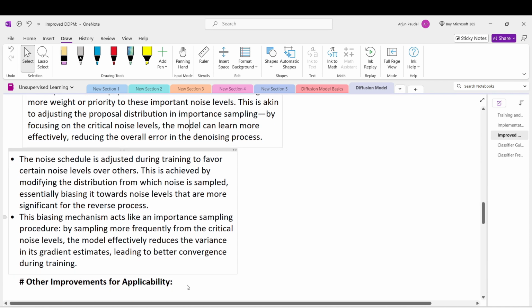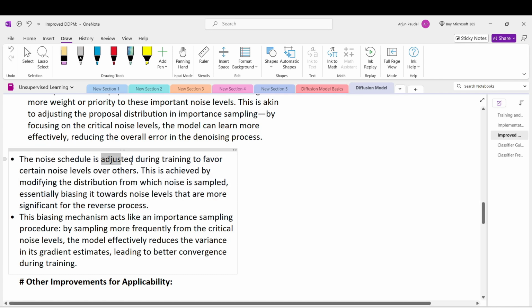And they have also given some description here. We are going to focus on a particular level of the reverse process, and bias some of the processes to help in that part.